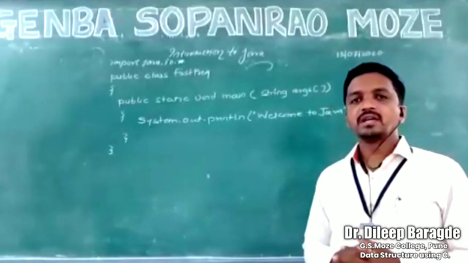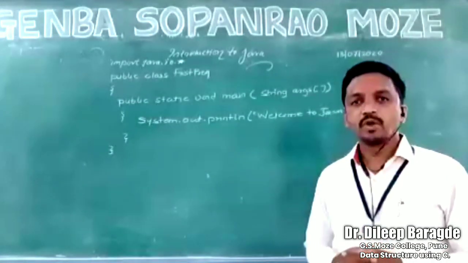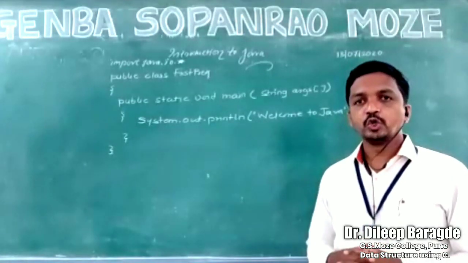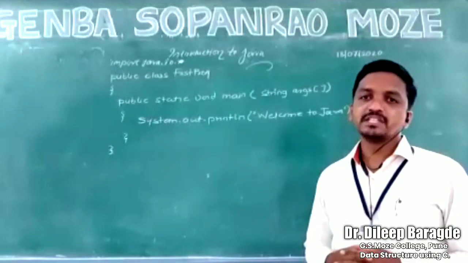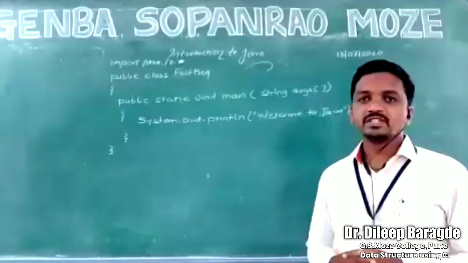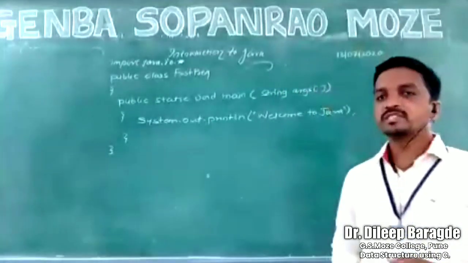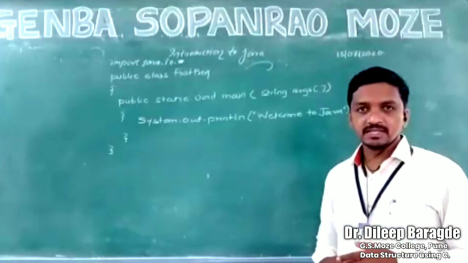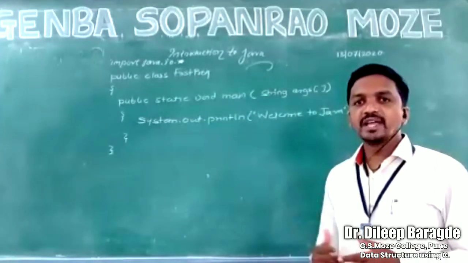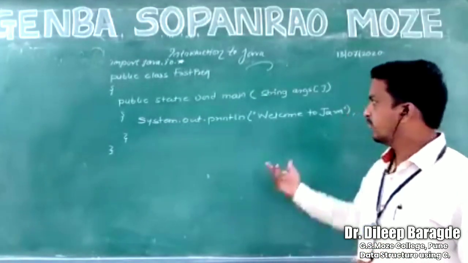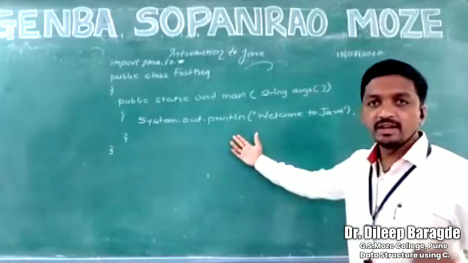Now another thing I will tell you about the language. Syntactically, Java is based on the C programming language, whereas logically Java is based on C++. So it is a combination of C as well as C++. Syntactically it looks like C programming. So look here, the print keyword is used instead of printf.